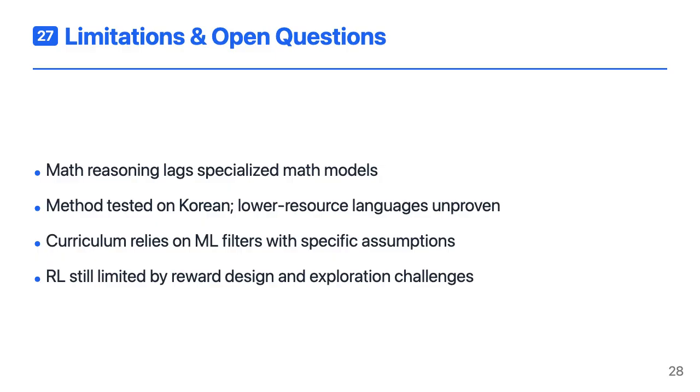It's unclear how well this approach scales to languages with far less text. Third, the curriculum depends on machine-learned filters for quality and topic selection, which adds complexity and bakes in certain assumptions. And finally, the usual RL challenges remain: designing robust rewards, ensuring good exploration, and maintaining alignment under distribution shifts.